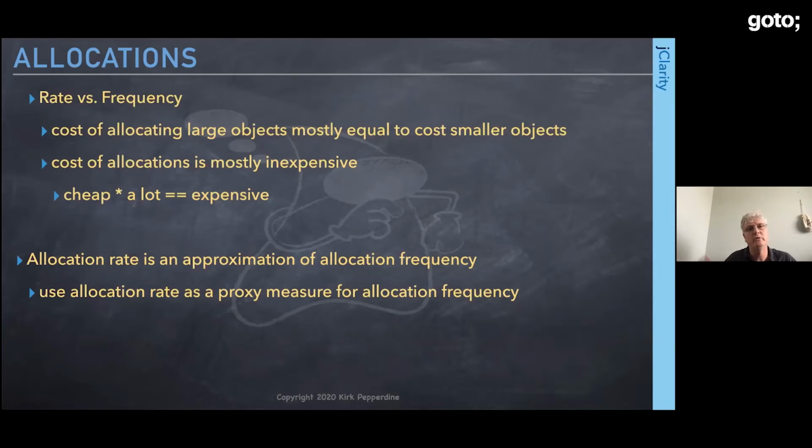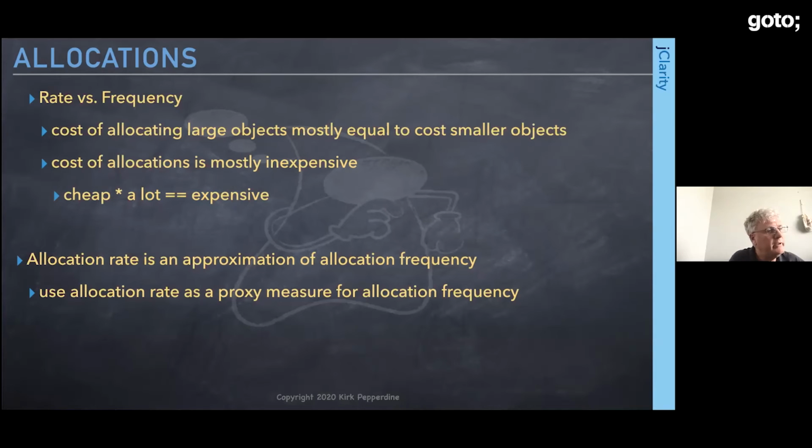It's only when you get into really large objects that it starts getting slightly more expensive. So based on the cost of an allocation being constant, I'm really looking at frequency, because a single allocation is cheap, but cheap times many equals expensive.